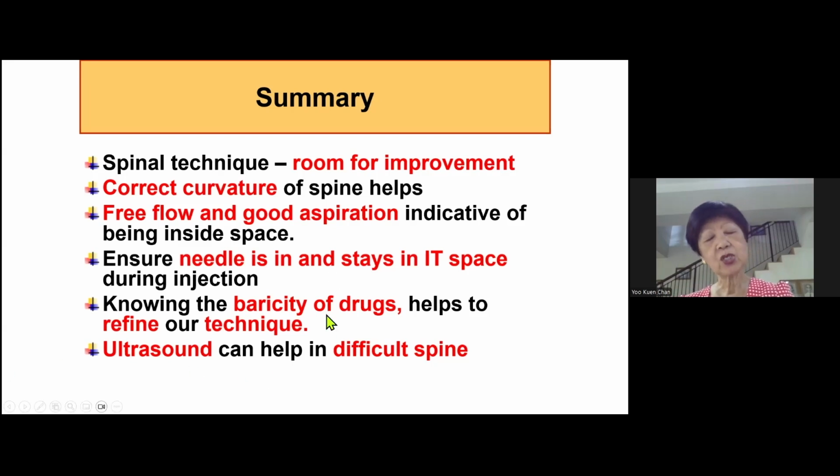And it's important to know the baricity of the drug so that you can refine your technique and be able to explain some of the phenomena that you get when the drug goes away or not in the correct space. All right. And it is important to remember to put in the time and the effort to master the use of ultrasound for the difficult spine.